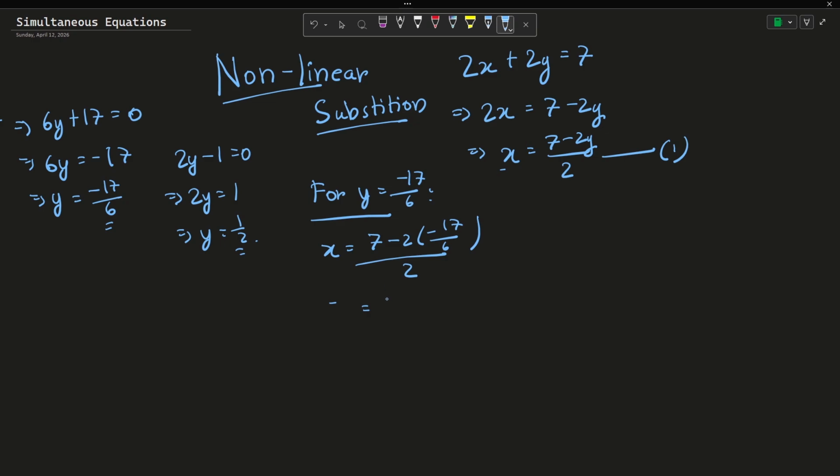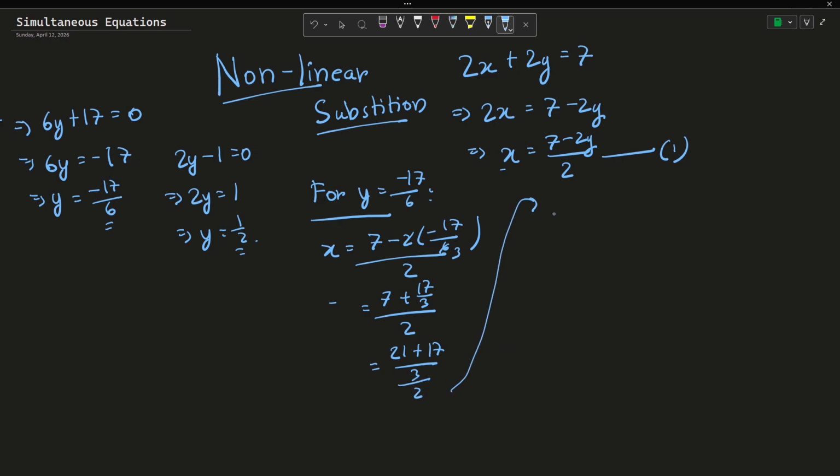So if I simplify this, 2 cancels out 6, so it's 3, and therefore 7 minus 17 by 3, oops, what am I writing. 7 plus, since minus multiplies to plus, 17 by 3, by 2. Okay, so I will keep on simplifying. That is going to be 21 plus 17 by 3, by 2.